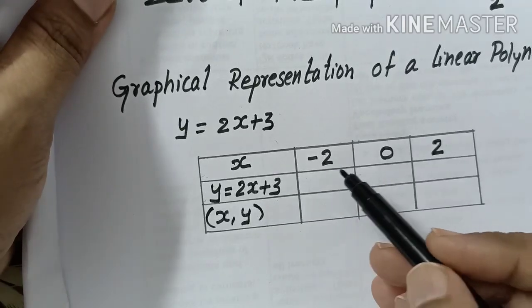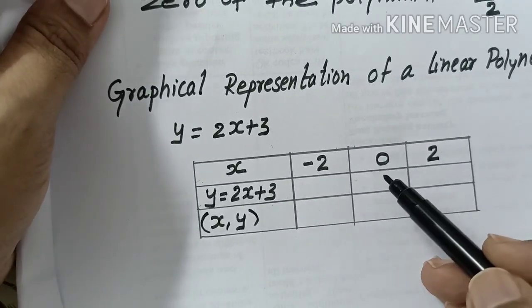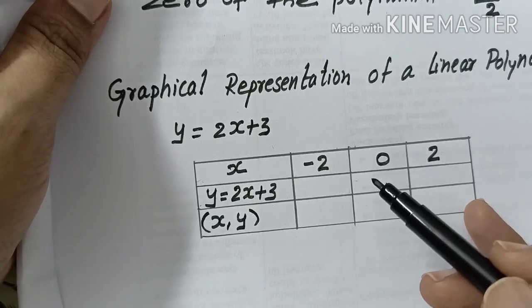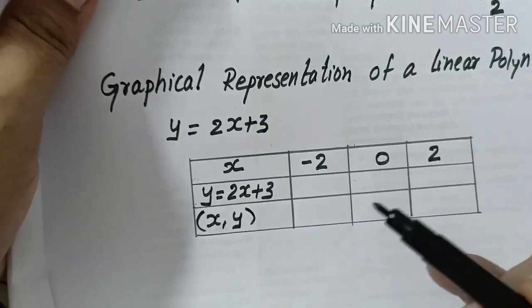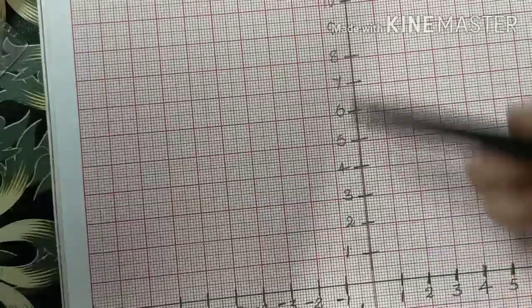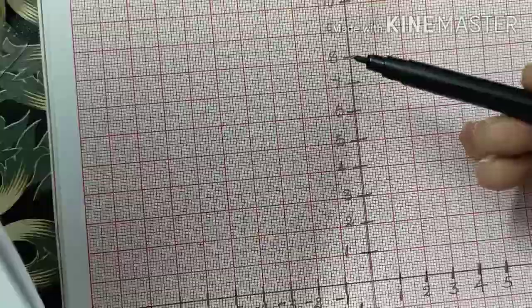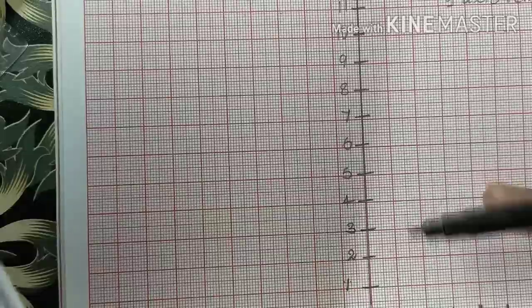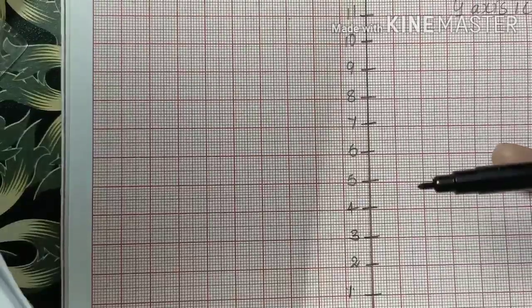We can apply any value for x, but whatever value we are giving, we should get a convenient value for y when we are writing on the number line. If we get too large values for y, it will be inconvenient. We can represent it, but it will be somewhat inconvenient for us.